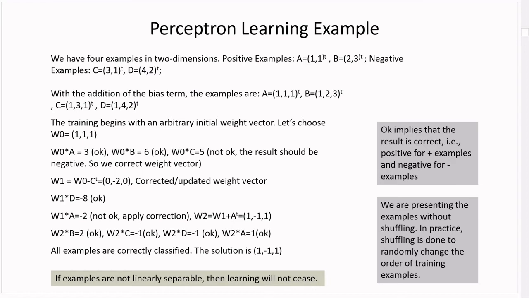So we bring in example B now and do the net calculation, and we find that the net value is 2, which means it's okay. Then we bring in C. Again, we find that the response is fine. We bring D. We find the response is fine. We go back and bring A again, and we find that the response is fine.